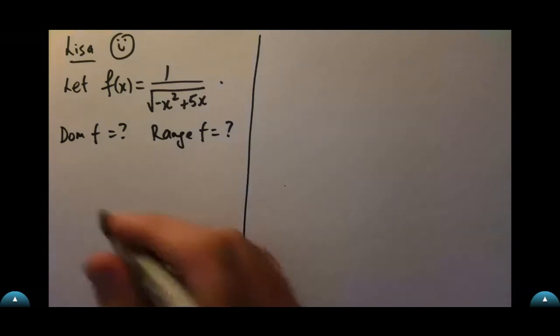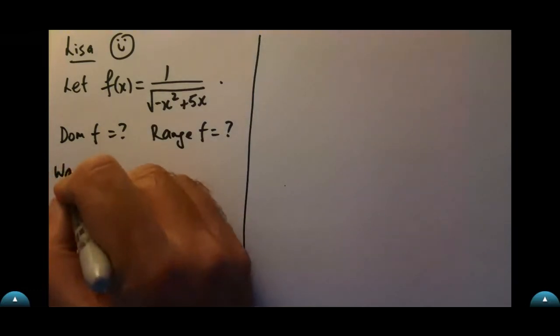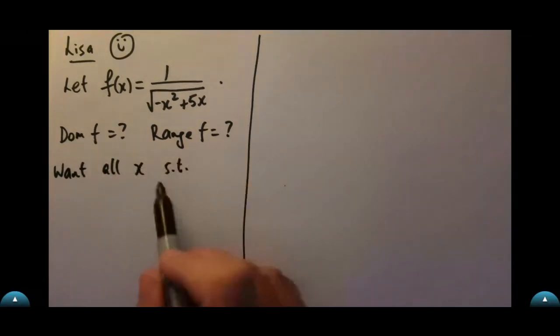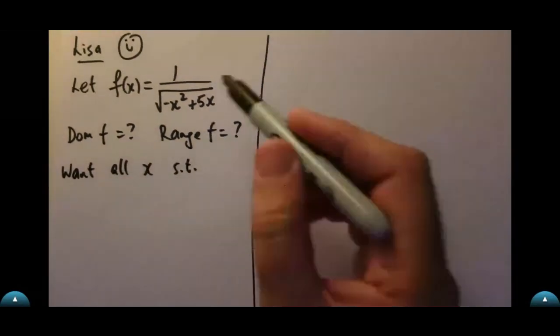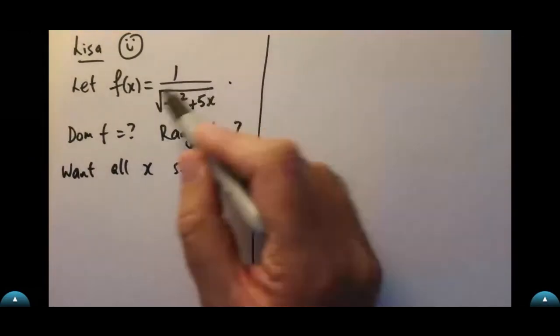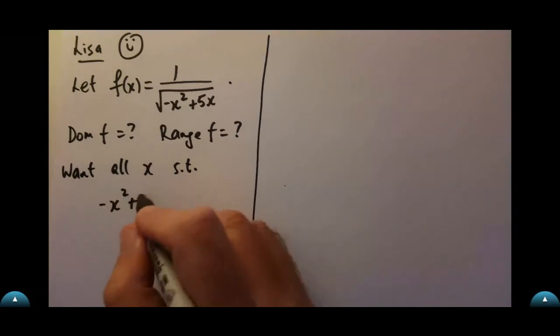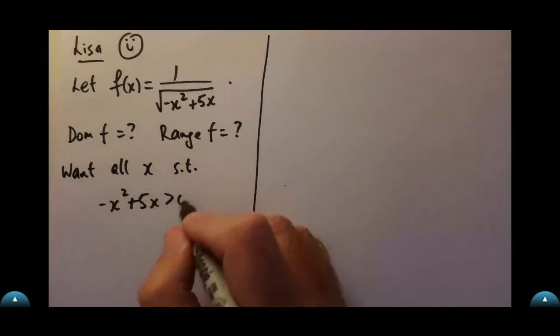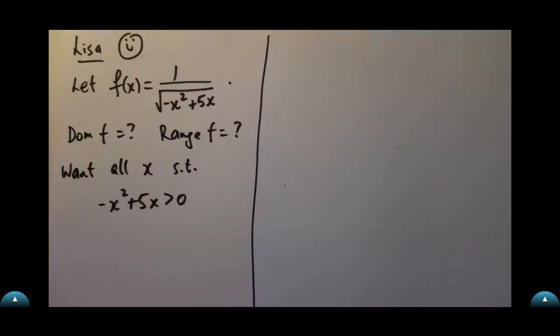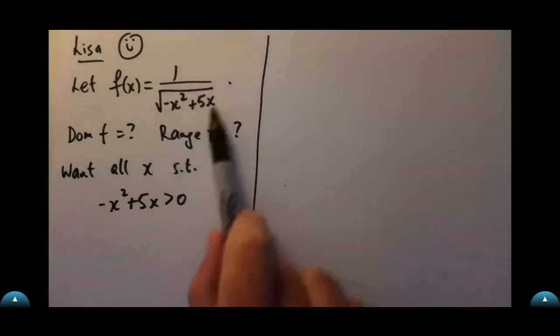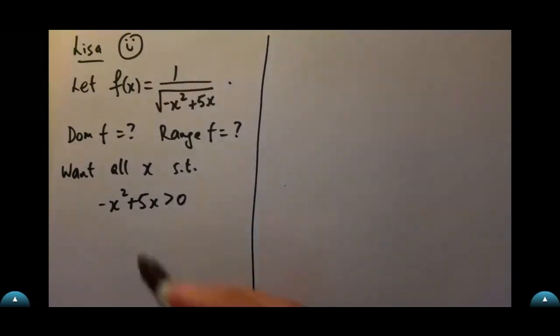So we want all x such that this thing is not 0 and the thing inside the square root is non-negative. If you combine both of those, if this is positive, it's not 0, so you can't divide by 0. And of course, you can always take a square root.